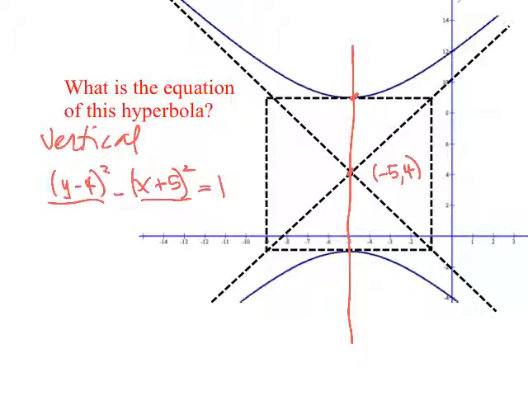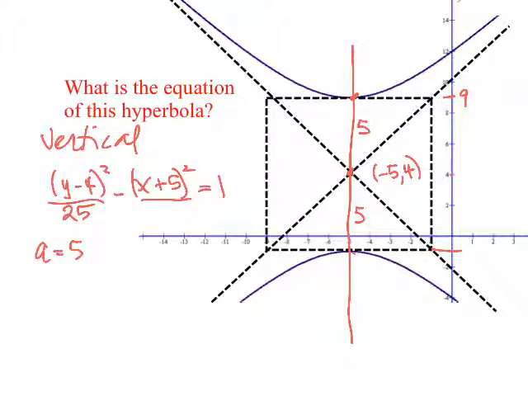And let's see. This looks like it goes down 1 here. So that value is up 4 and down to here. So a is 5. And it's going from 4 to 9. So a is 5. So that's a 25. Let's just write down a is 5.